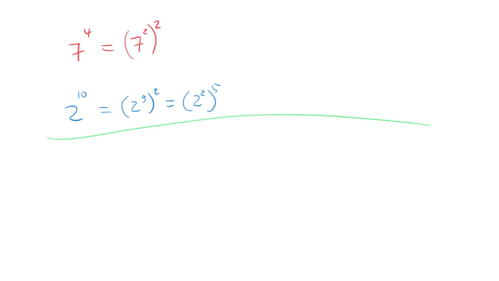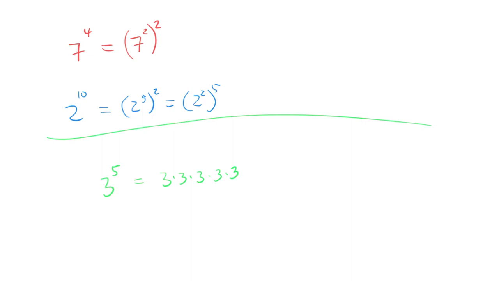Now, another skill that's going to be helpful soon is just the fact that if you had something like 3 to the 5th, you could always recognize that that's really just a 3 times 3 times 3 times 3 times 3, right? It's really just 5 threes all getting multiplied together.